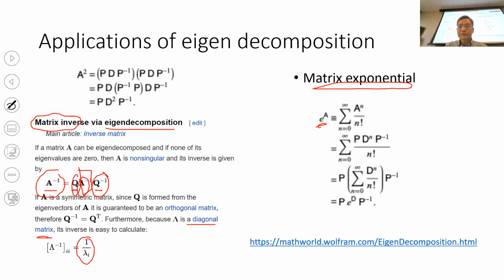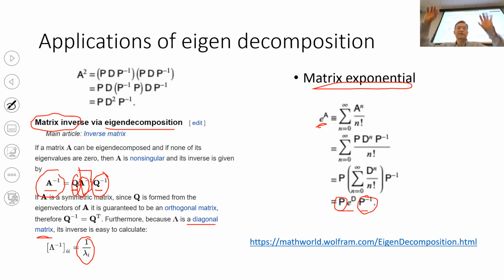People found a rule that you can first decompose this into P and two decomposed matrices and its inversion.